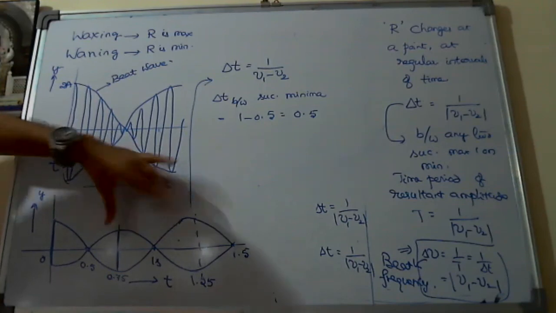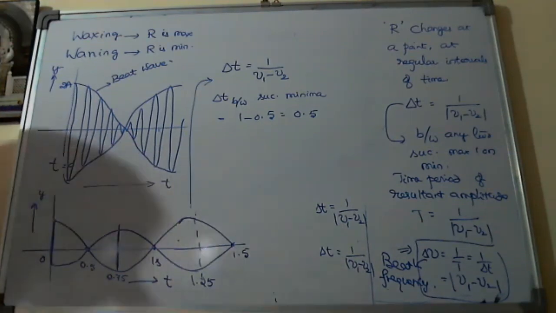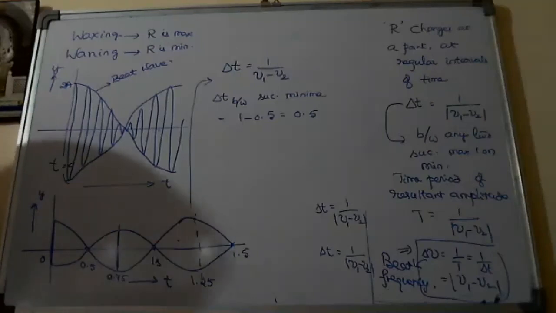Maximum to maximum 0.5, minimum to minimum also 0.5. So the time intervals are equal.